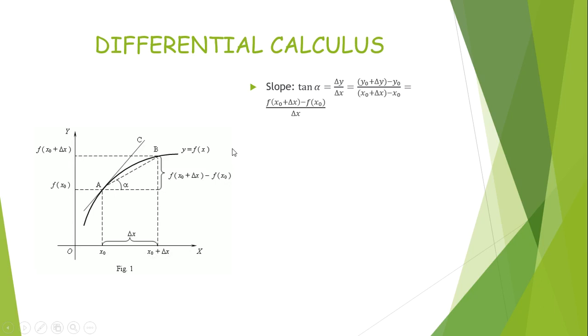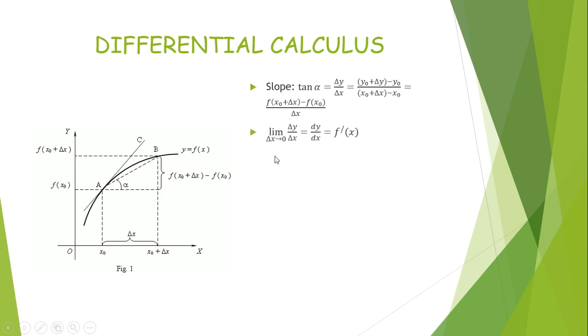As y is a function of x, we can write f of x0 instead of y0 and f of x0 plus del x instead of y0 plus del y. So this gives f of x0 plus del x minus f of x0, whole divided by del x.